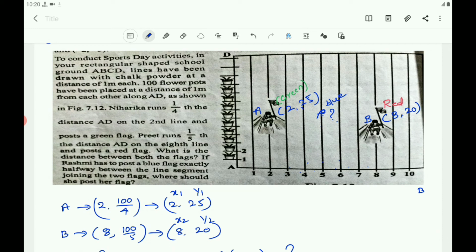So here we have to find the coordinates of the point P, which is the midpoint of AB. So we have to use the midpoint formula.